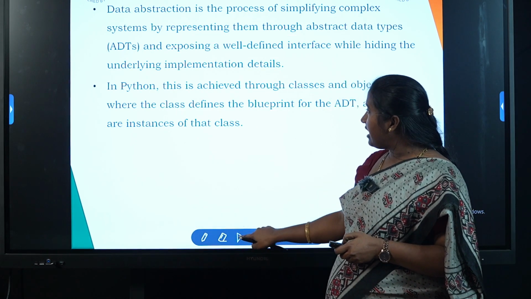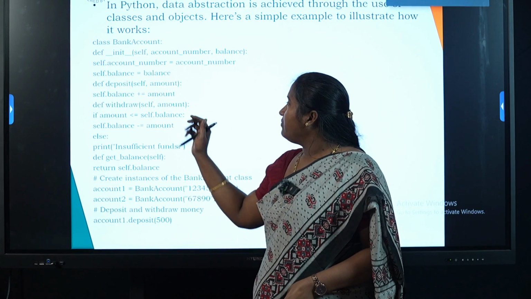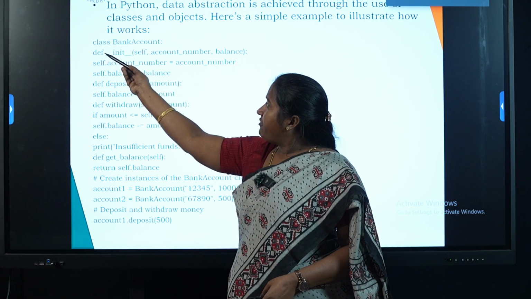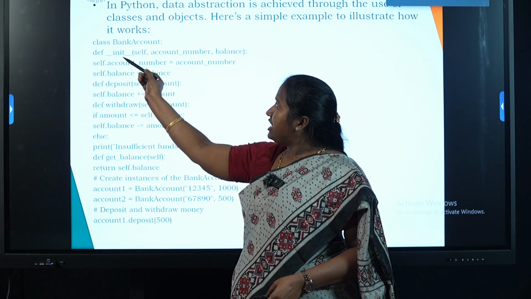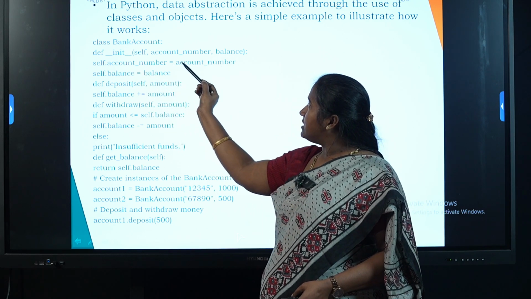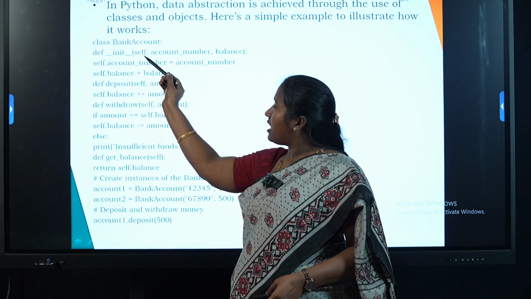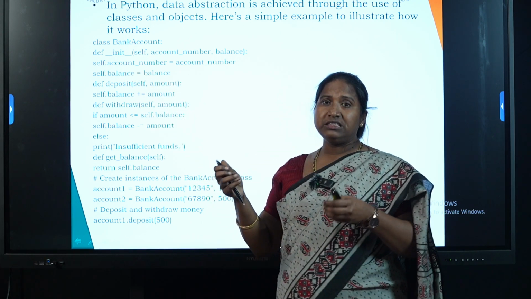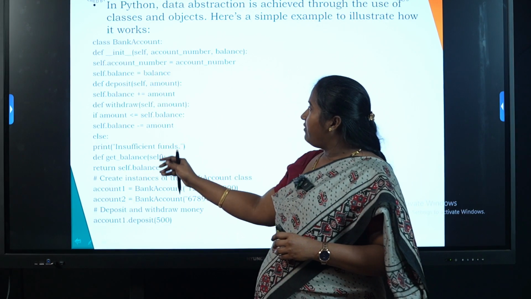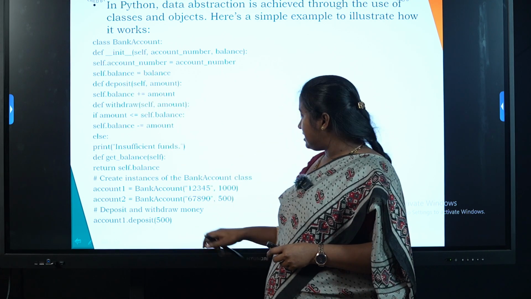Right now, let's see an example of how it supports this. So here is a sample code. Now the class is BankAccount. So def __init__, now we are just initializing self, account number, balance. self.account_number is equal to account_number. So self is the first parameter, to ensure that we are providing data abstraction. Now, self.balance equals balance, def deposit(self, amount).